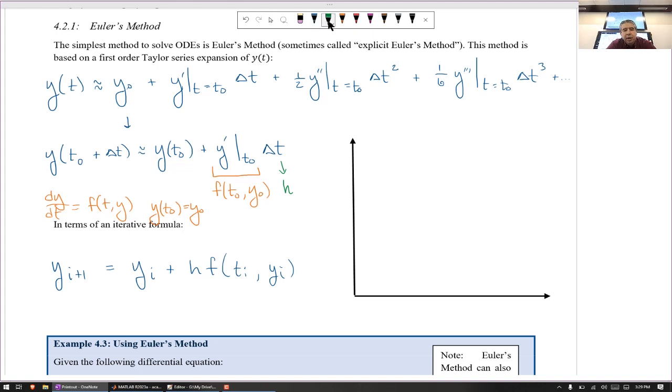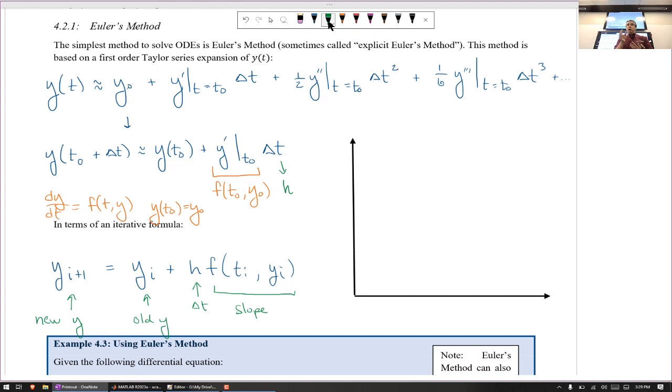So what we're looking at here is we have a new y equal to the old y plus some slope times a time step. This kind of makes sense, right?